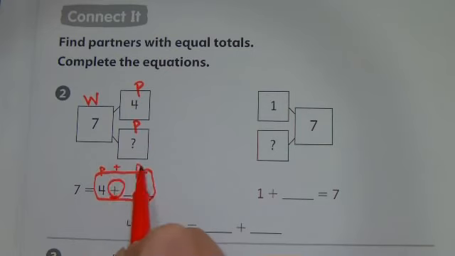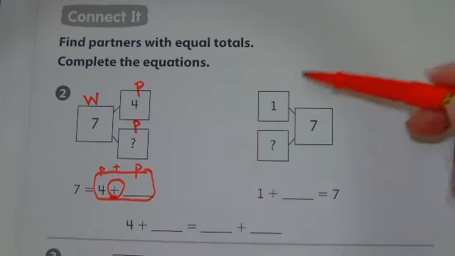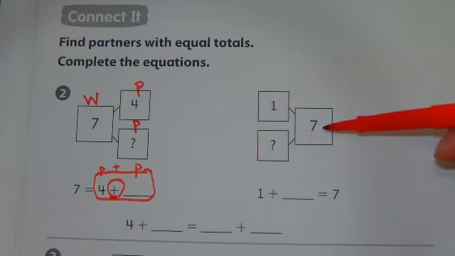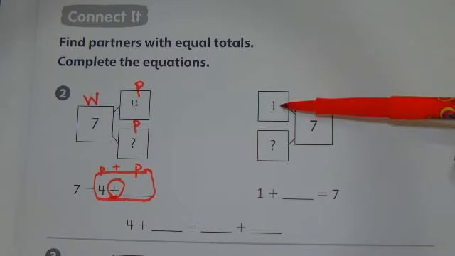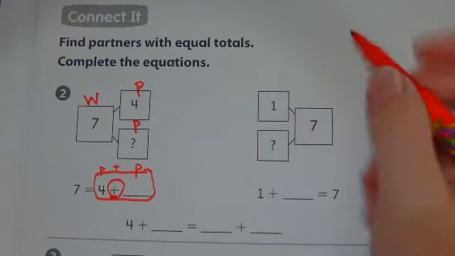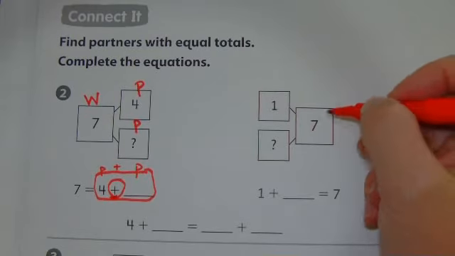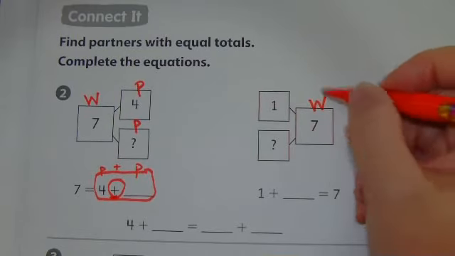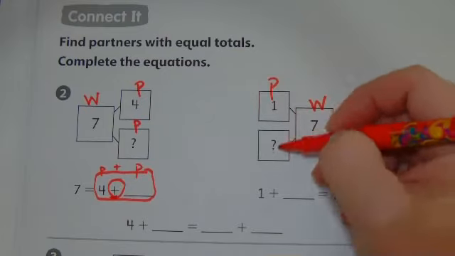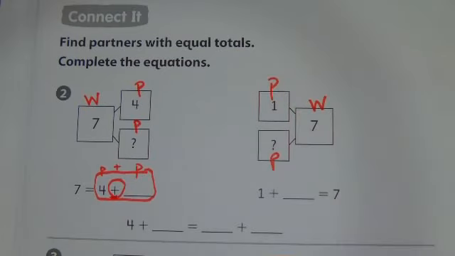A part plus a part equals a whole. Over here we have 1, blank, and 7. What is our whole? Is 1 the whole? No. Is 7 the whole? Yes. So 7 is your whole, 1 is your part, and blank is your part, right?